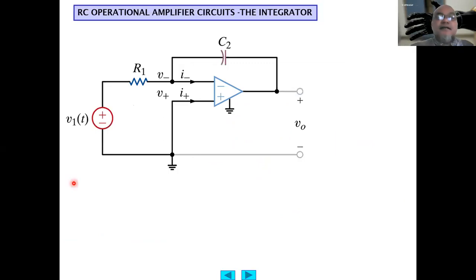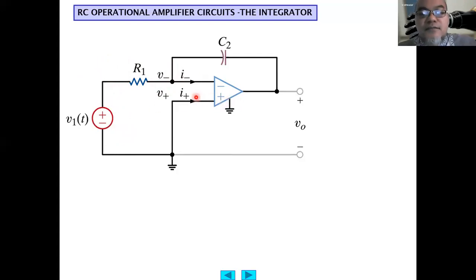Let's now try to solve an op-amp circuit that has a capacitor in it. For example, here the capacitor is connected from the output to the inverting input. The inverting input is the negative input terminal of the op-amp, and it is also connected to R1, which is then connected to the voltage V1.